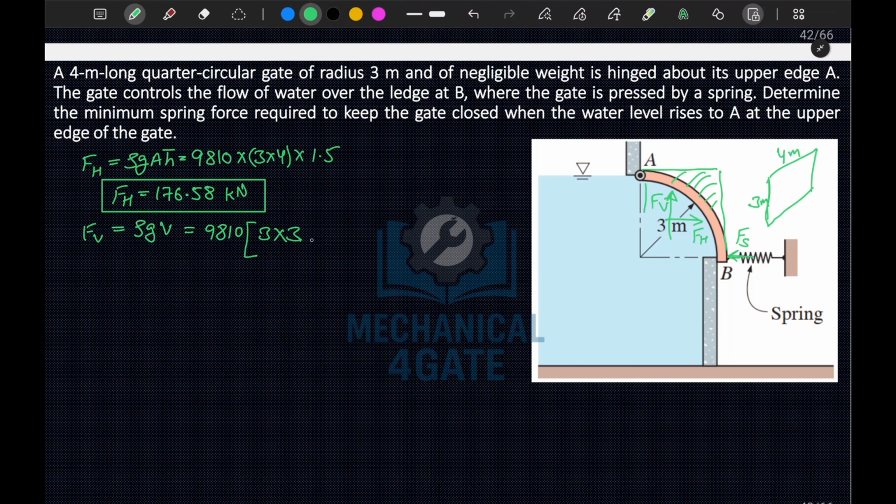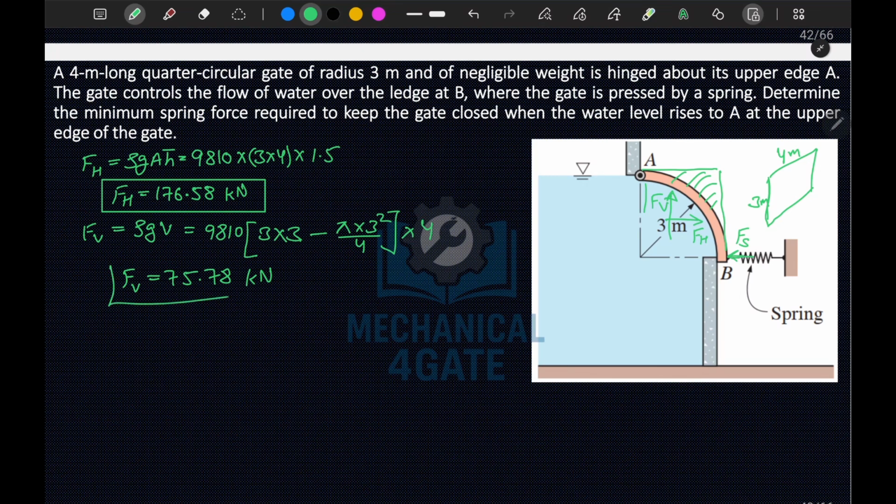So here 3 by 3 minus this area, which will be pi r square by 4, with r square being 3 square, by 4, into length 4 meter. So if we solve this, we have calculated Fv is equal to 75.78 kilonewton.